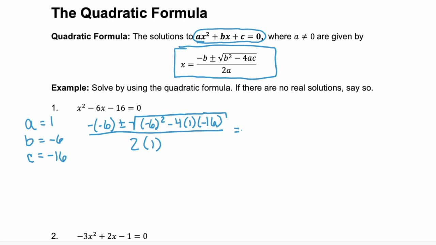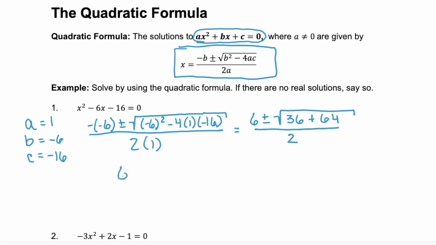Now we just start simplifying. Negative 6 is a positive 6, plus or minus the square root of negative 6 squared, which is 36, minus 4 times 1 times negative 16, which is a positive 64, divided by 2.